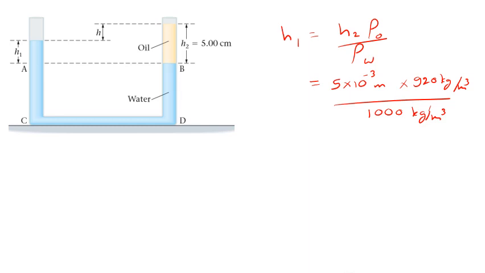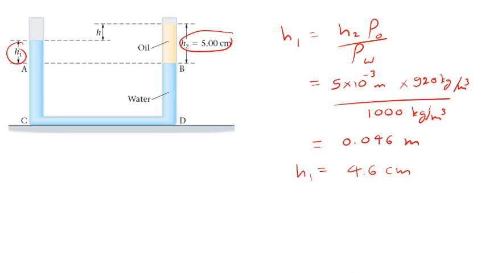You can simplify this a little and get the answer as 0.046 meters, or in centimeters, 4.6 centimeters. So this is the height of the column H1, and the height of the column H2 is 5 centimeters.